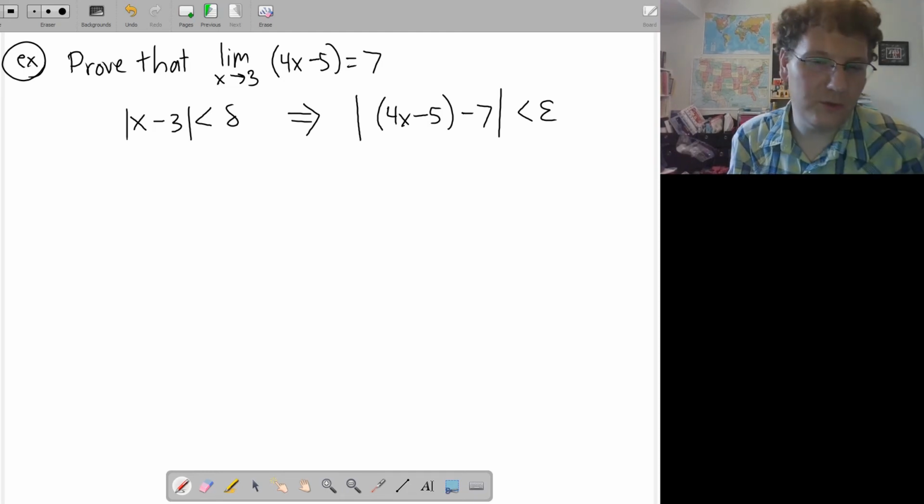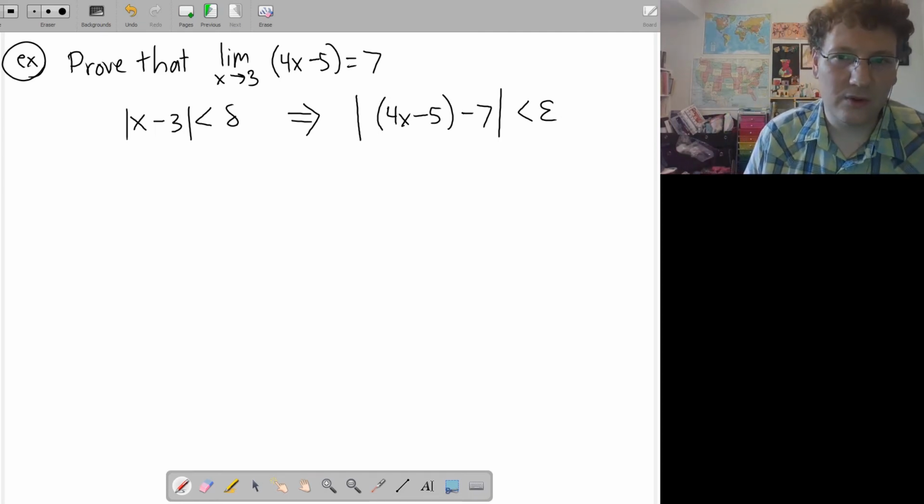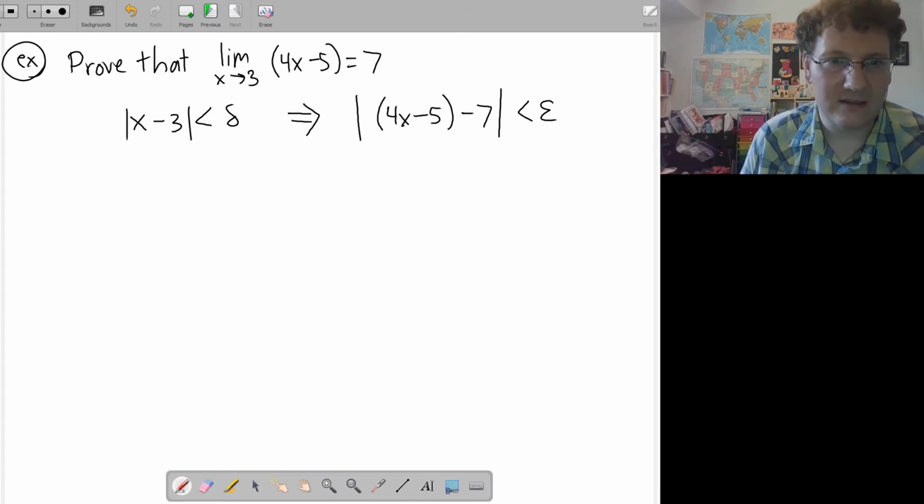So we're going to start with our goal and work backwards to get the left-hand side, or something that looks like the left-hand side. I don't know if cheat is the right word, but this is the way we do it.